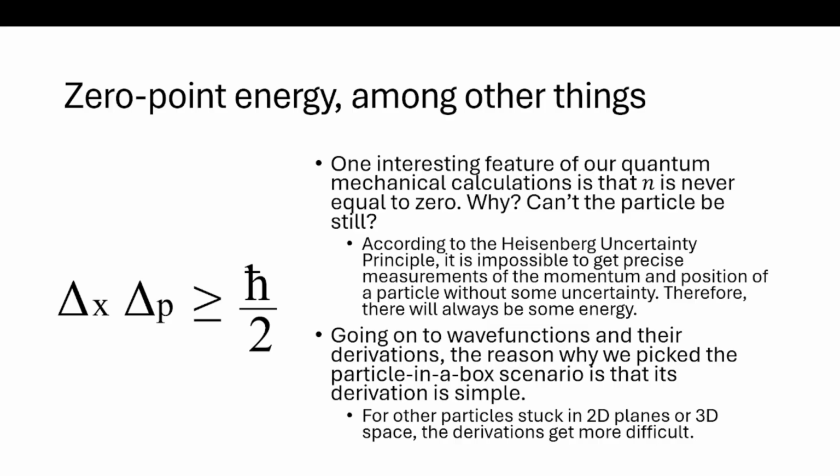It was never exactly 0. And why is that? Can't we just have a quantum mechanical particle be still? Unfortunately, while that is possible in the classical mechanics world, it's impossible in the quantum mechanics world.